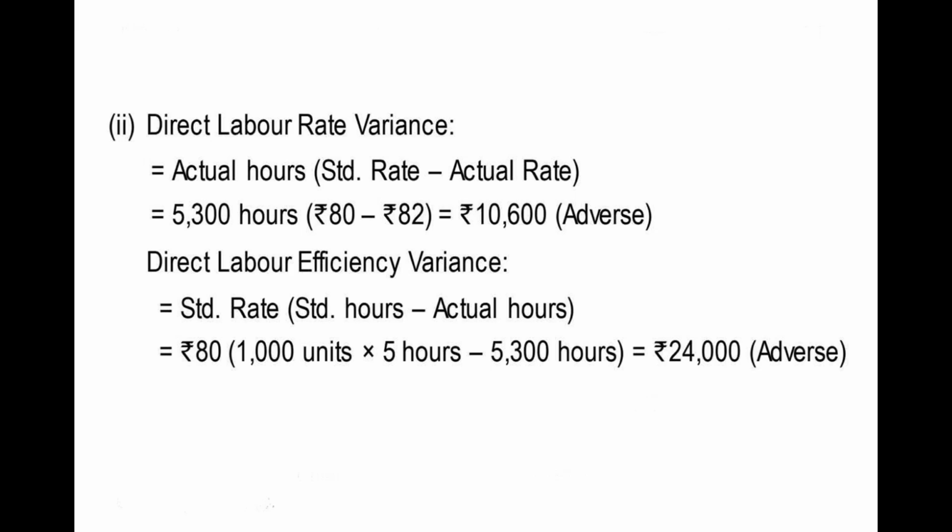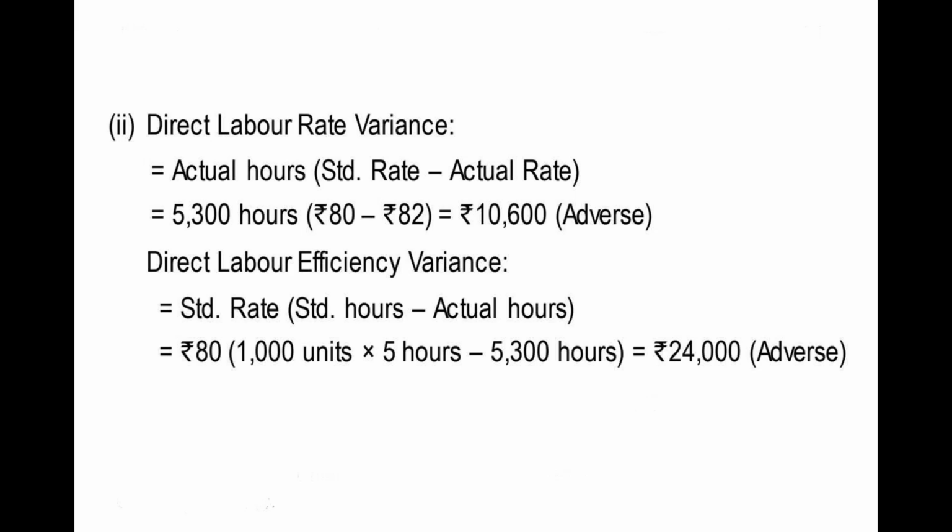Standard rate is given in the problem as 80 rupees. Update. Actual rate is not given in the problem, but indirect information is given. How? The actual labor cost utilized: direct labor 5,300 hours were utilized at the cost of 4,34,600.